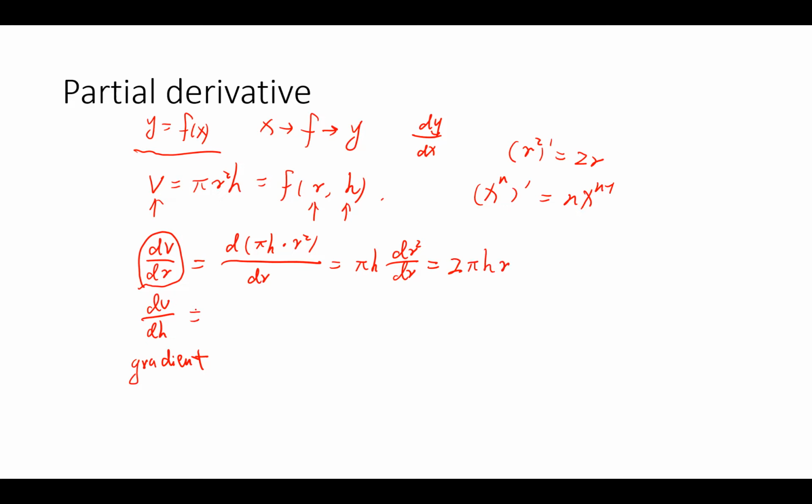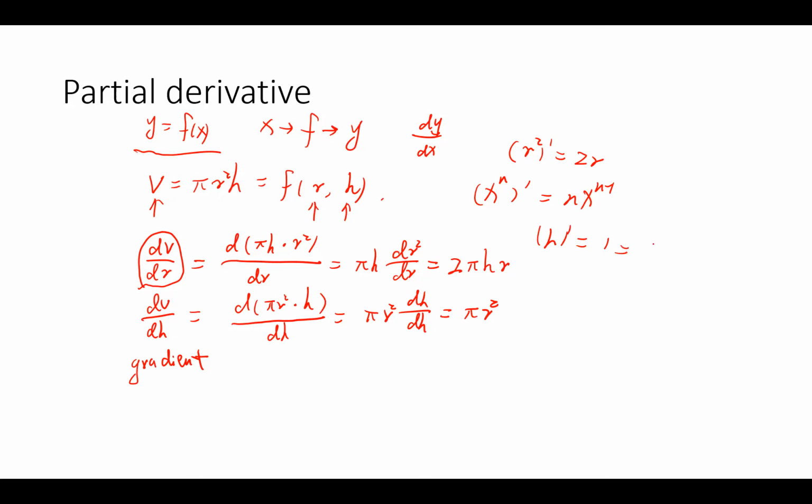Similarly, pi r squared stays as a constant because now h is the changing variable, and we're taking the derivative with respect to h. So we move that outside. dh over dh is just 1, so we get pi r squared.